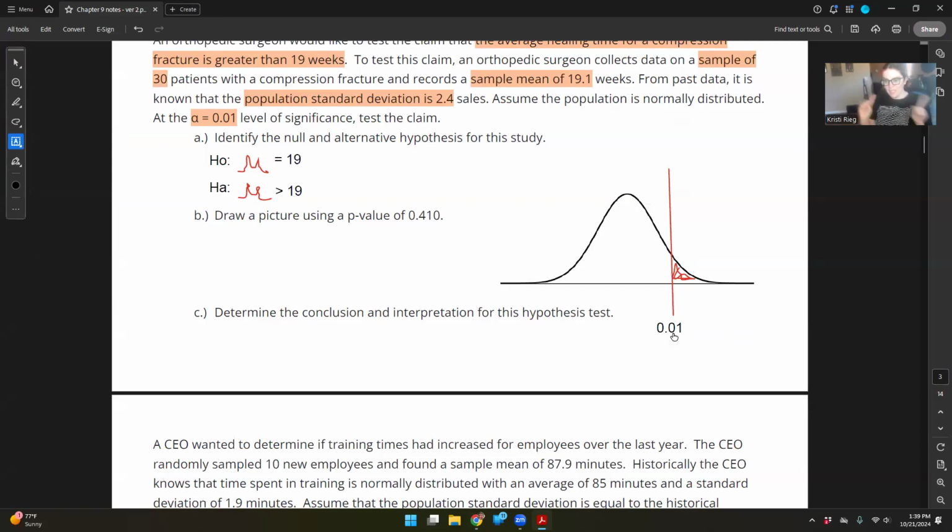Now because it's the right-tailed, things are backwards. So this is like 0 over here, and we have 0.01, and so our p-value is right here, 0.410.